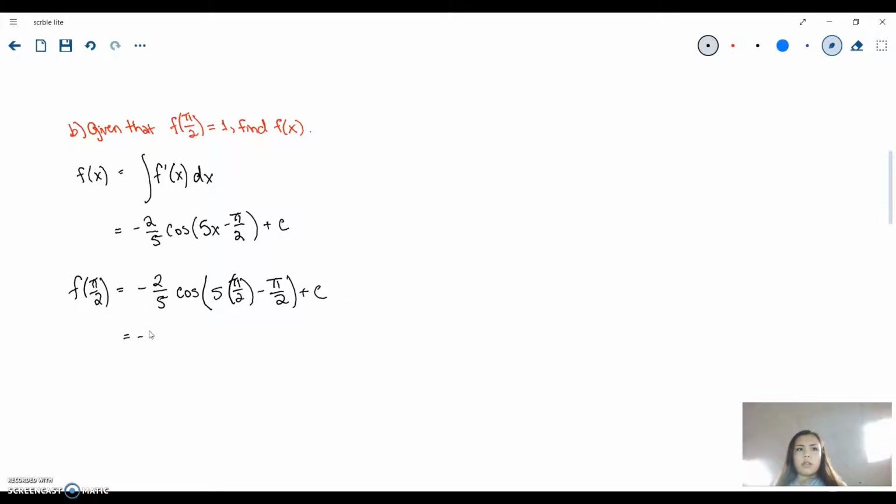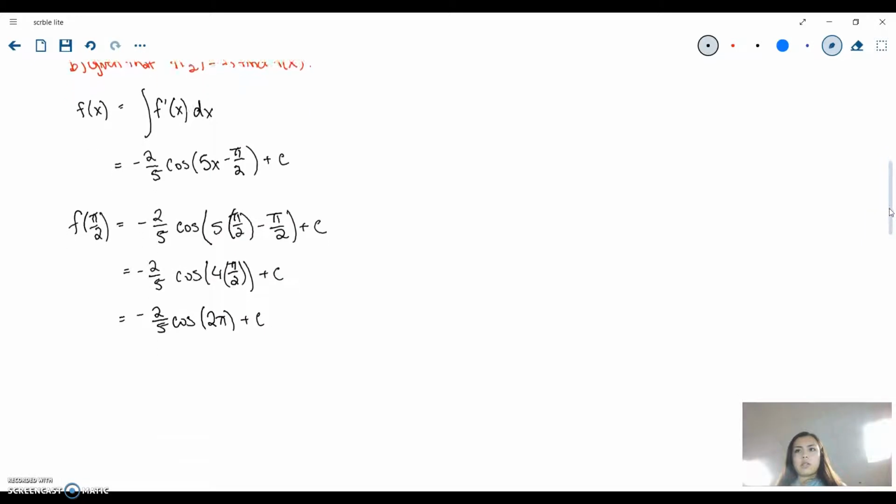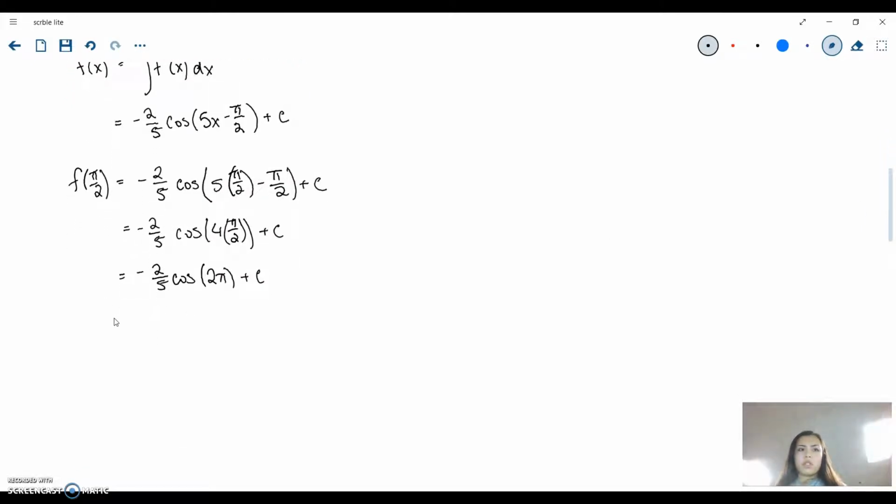And that equals negative 2 over 5 cosine 4 times pi over 2, plus c, which equals negative 2/5 cosine 2 pi plus c. Cosine 2 pi is the same as cosine 0, which is just 1. That's just negative 2/5.